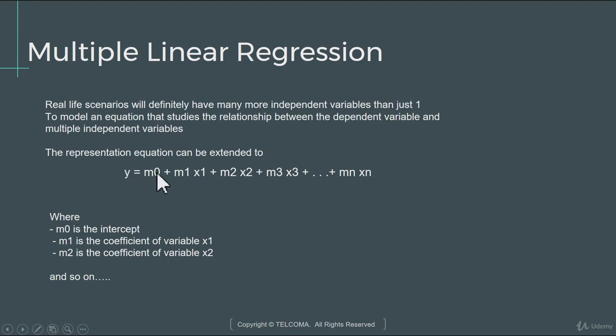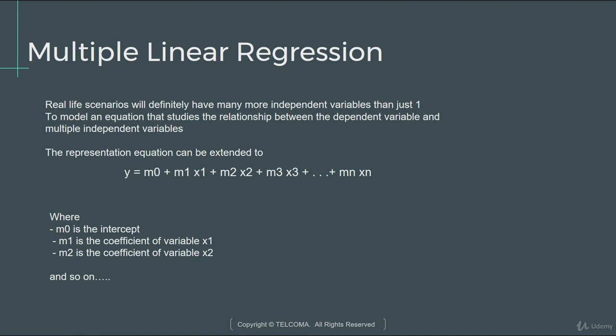The moment you have many more independent variables, you just linearly add them as m2x2, where each variable will have its own impact on y. If you look at the larger equation, it is an additive measure of all independent variables with its own impact. So if x3 impacts y by m3 and so on. So this is how we can determine an equation for multiple linear regression.